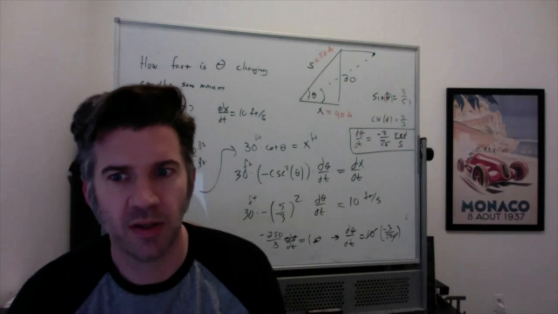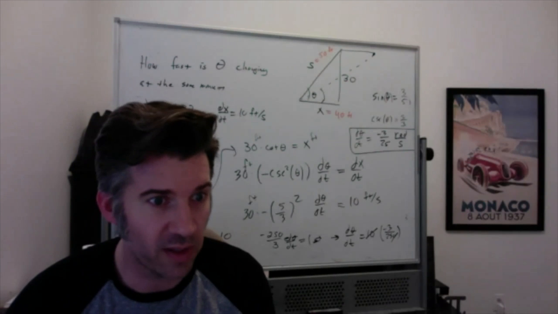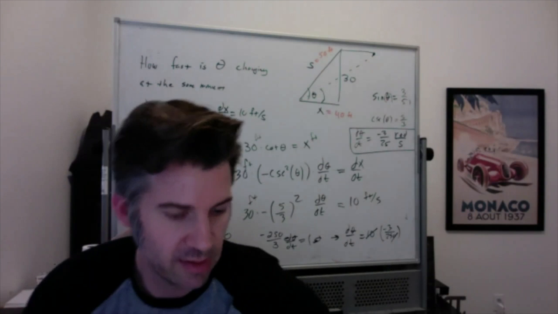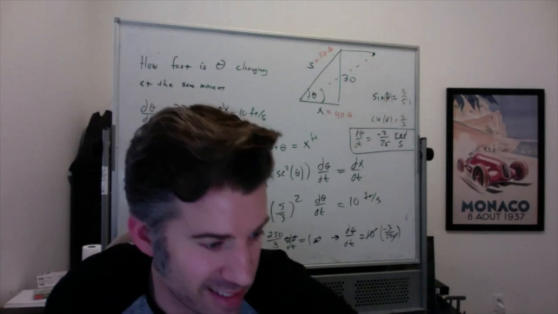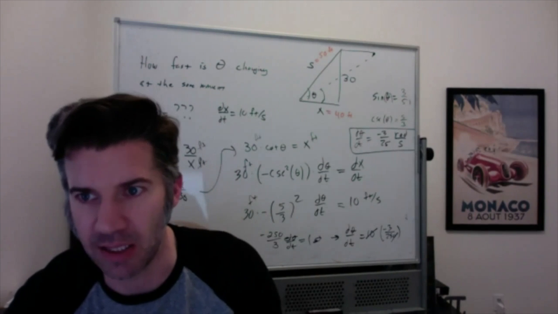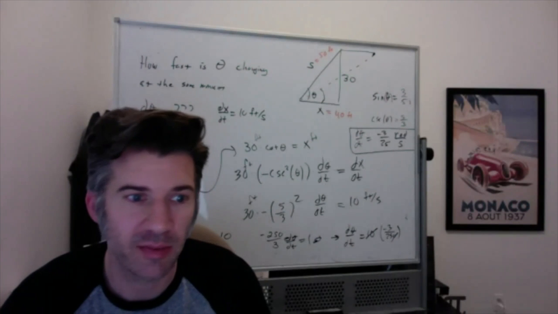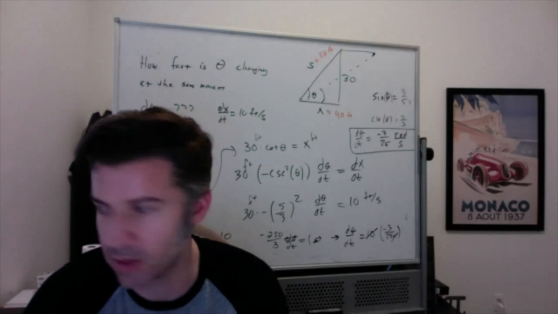Let's see. What else? Are there other questions we should look at? I mean, I think the answer to that question is yes. I know you guys can't see them anymore, at least not right easily. So let me just pick something. We could do that. Let's do a graphing problem. Sure. Let's say we're given this.